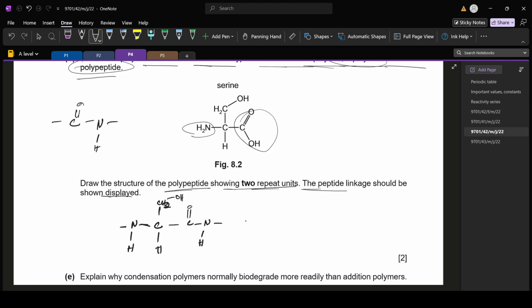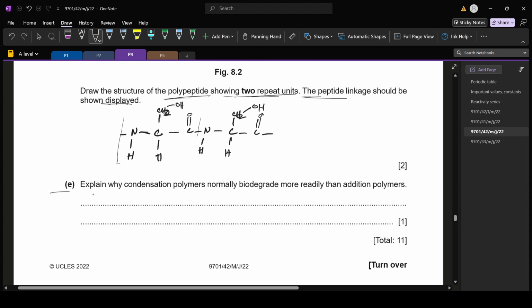This is your amide linkage, and then you have this CH2, OH, CH, and C double bond O. So this is your first repeat unit, and then this is your second repeat unit. And this is your amide linkage. So you can show it like this.